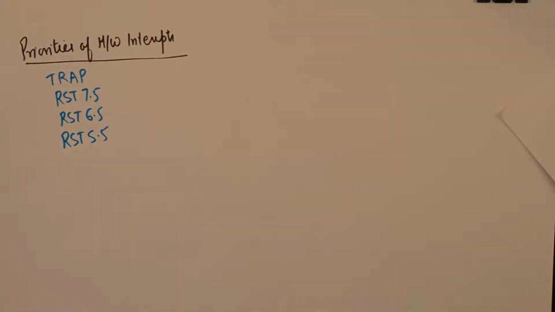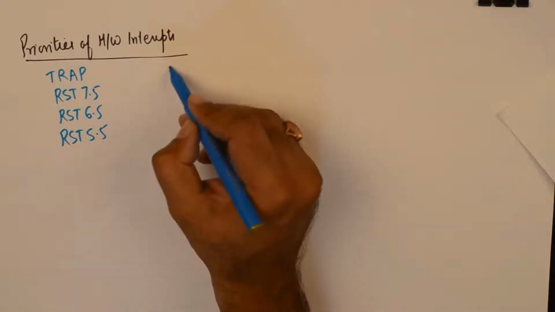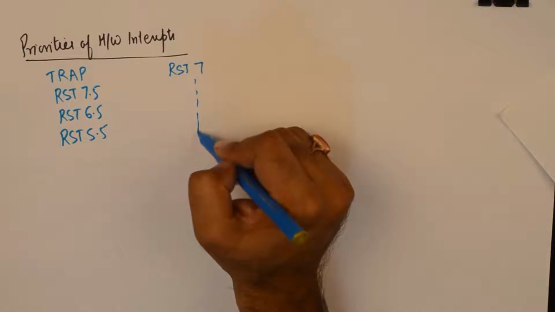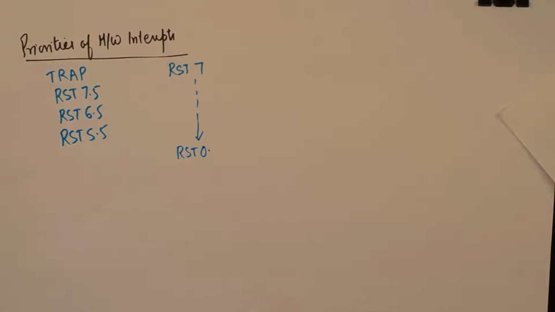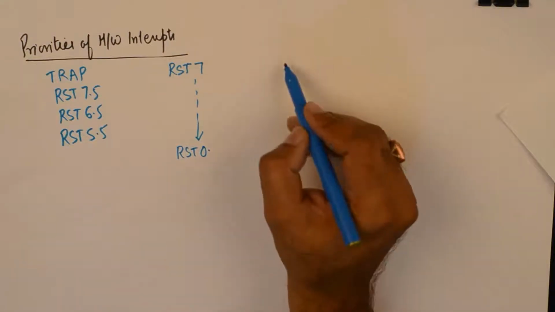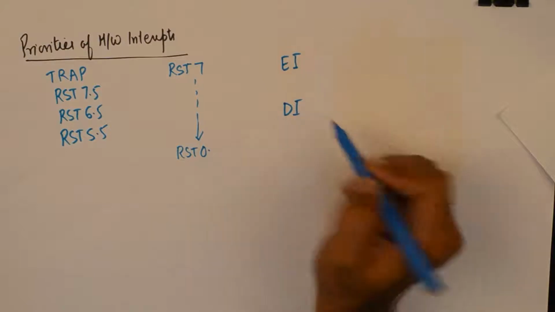And when we talk about the software interrupts, RST 7 has the highest priority, and the priority decreases as the number followed by RST decreases. And to enable and disable these interrupts, we can use two different commands, EI and DI.